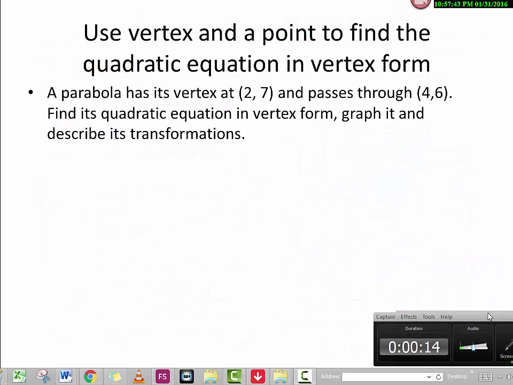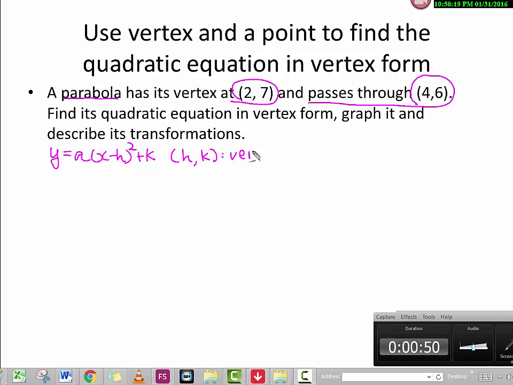The last challenge of this unit is a question like this. You're given a parabola which has a vertex here, and this parabola passes through this point. Since it's a parabola, you know right away this is a quadratic equation. The quadratic equation in vertex form is y equal to a times x minus h whole squared plus k, where h and k is the vertex.